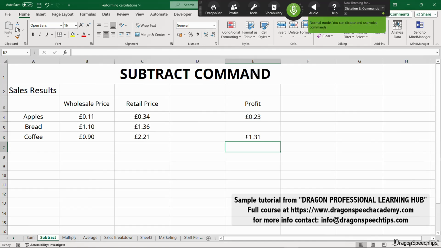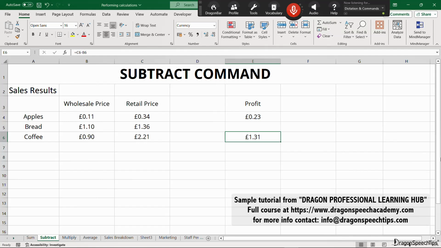Move up. You will notice that in the formula bar, the correct formula has been created. It's also useful to note that when attempting calculation commands, Dragon may respond more efficiently if you use the NATO alphabet to represent the letters.